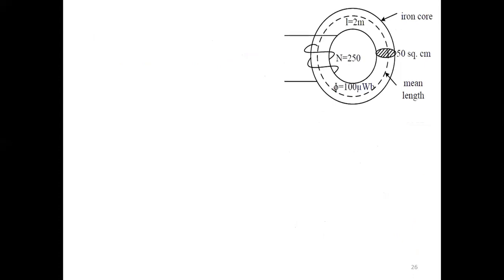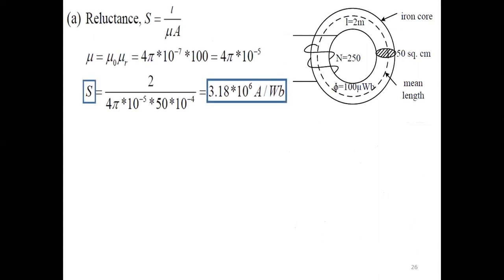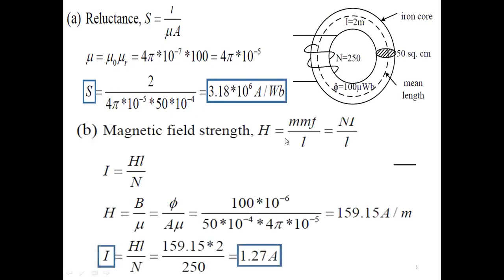Which method are you using? Are you using flux density and HL? Simple, use here phi S you have calculated now. You multiply this one into phi here. Phi value is already given here. Phi S is nothing but MMF. MMF is nothing but NI. So N is already given. I equal to this into flux divided by N. You can calculate by any other method also.